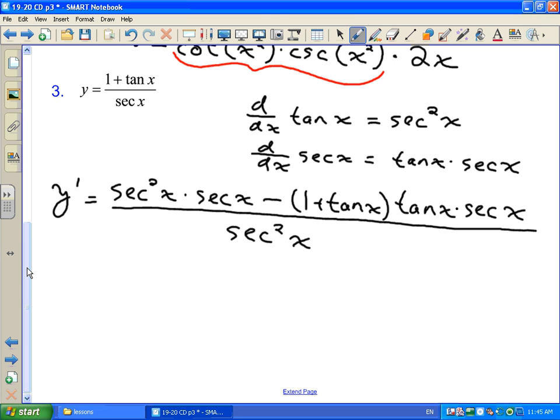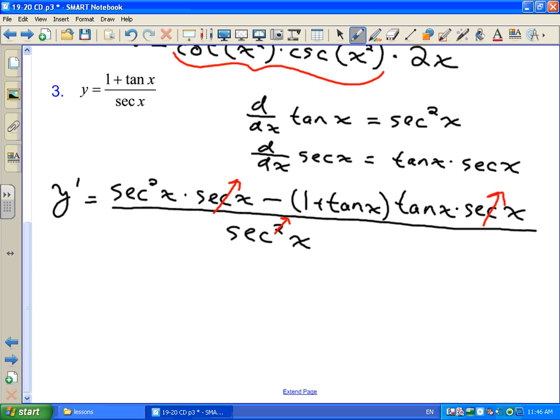Yeah, so now we want to start simplifying this. So as Brody said, we can cancel out a secant everywhere. There's one there, one there. Remember when you're doing this that you have to have a secant in both of your terms. So sometimes it's easier to factor it out first, so you avoid not canceling something out that you can't cancel out.